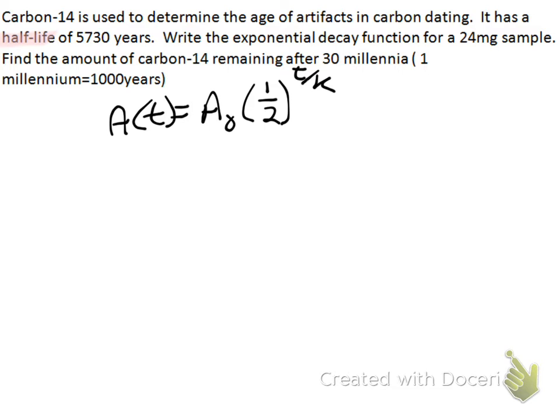So for this particular equation, I want to know after 30,000 years, because it's saying 30 millennia. And if we're talking about 30 millennia, 1 millennium is 1,000 years, where 30 of those should be 30,000 years.